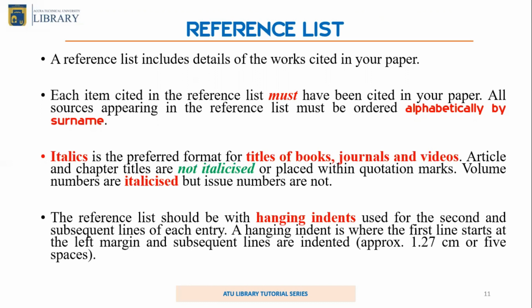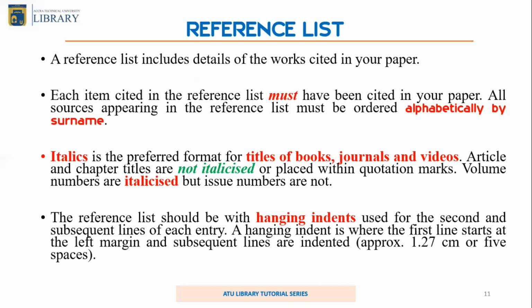So when you are presenting your reference list, it should tally with the citation that you have in your document. That is why we are saying that each item cited in a reference list must have been cited in your paper. All sources appearing in the reference list must be ordered alphabetically by surname.